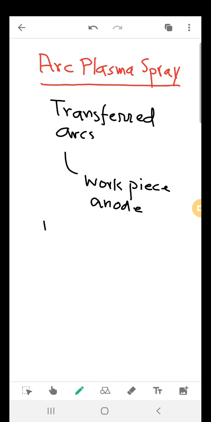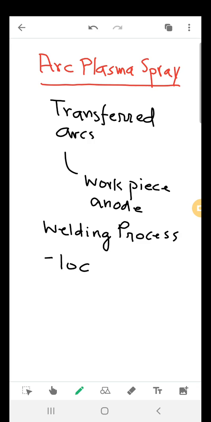It is similar to the welding process. And we have localized fusion, and we get metallurgically bonded deposits.